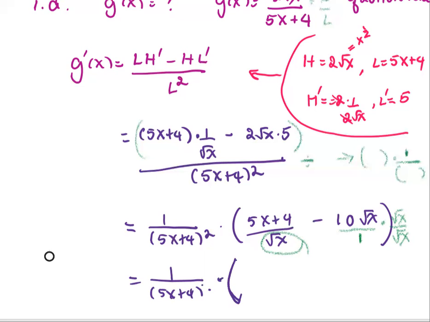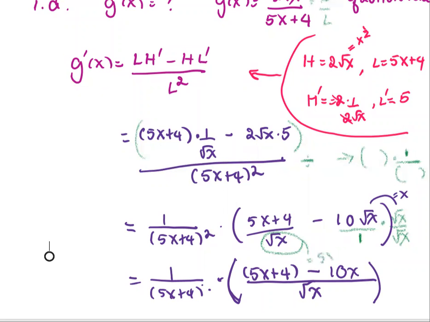And then with the common denominator, square root x, the numerator's first expression will be the same, 5x plus 4, and then subtracted by, as you see, square root x times square root x equals x. The second term becomes negative 10x. Simplify the numerator of the expression in the grouping symbol. We're going to get 5x plus 4 minus 10x, which is 4 minus 5x.